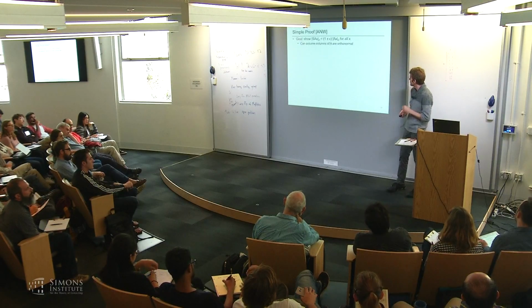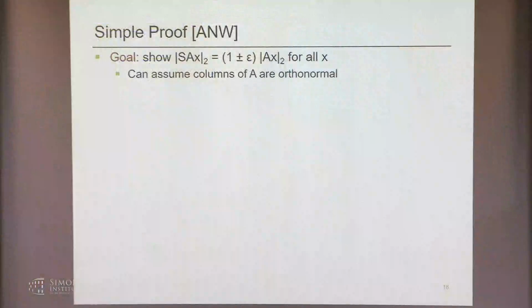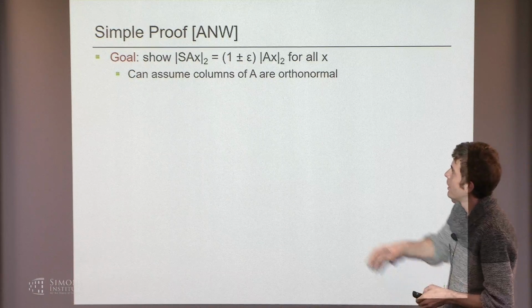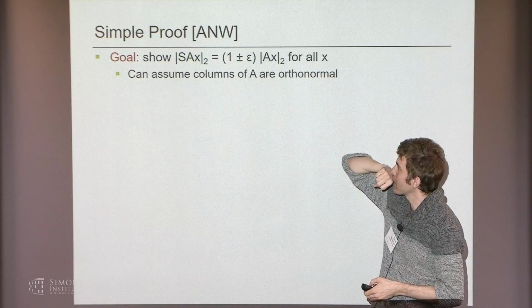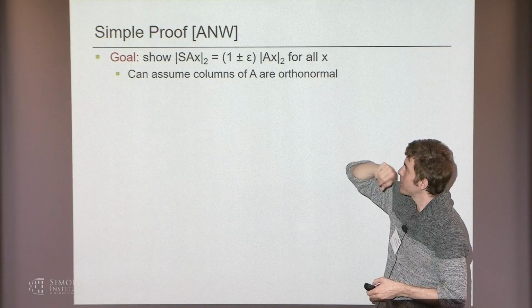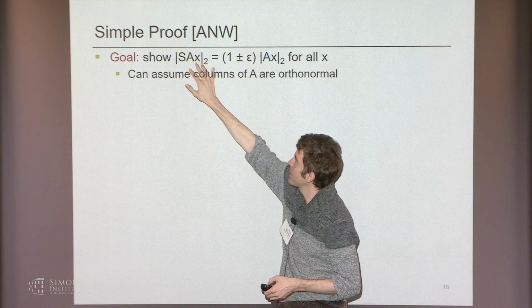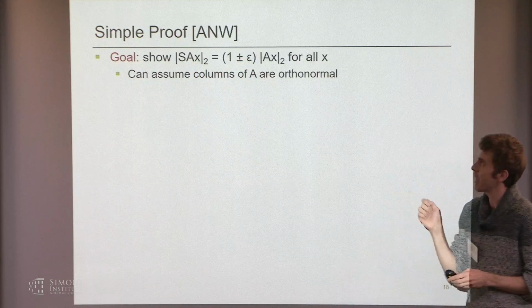Okay, so here's a simple proof, due to a paper of Avron, Nguyen, and Woodruff. What we want to do is show the following. We'd like to show that the norm of SAx is 1 plus or minus epsilon times the norm of Ax for all x.